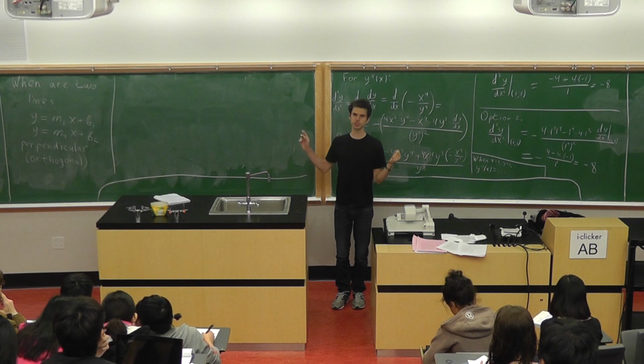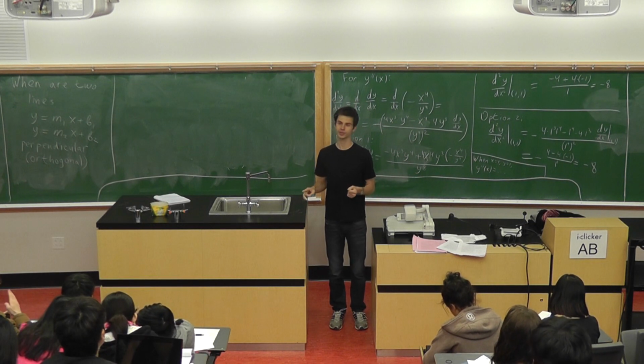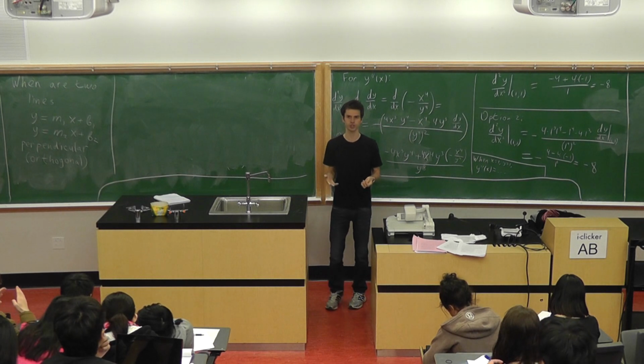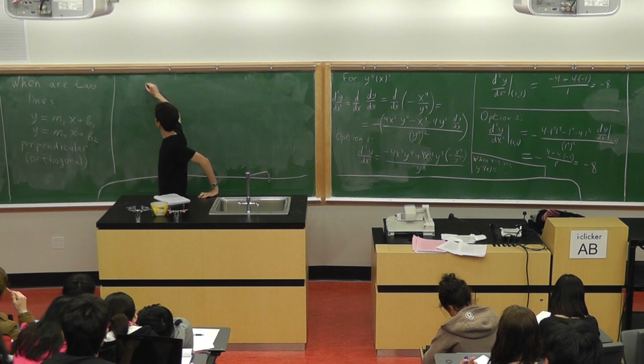So the question is like this: you are given two lines, two equations of two lines, and how do you understand that they are actually perpendicular to each other? How do you find out that the angle between them is exactly 90 degrees?